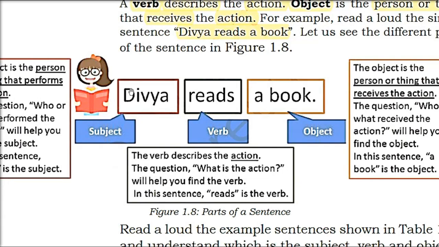Divya is the subject, she is reading a book. Reads is the verb, the action. A book, what is she reading? The object. The object is what the action has been done to by Divya.